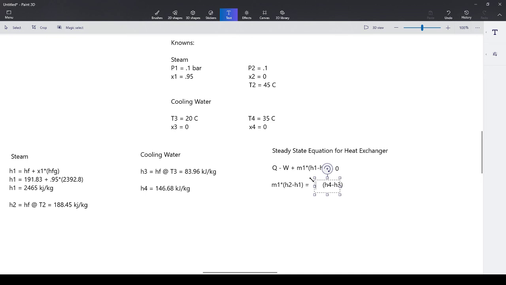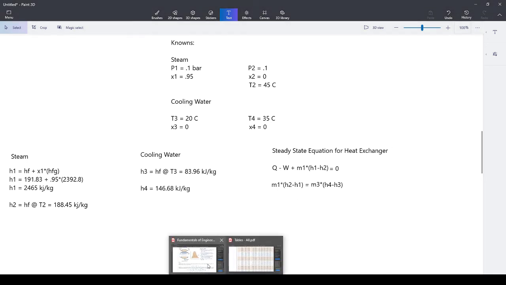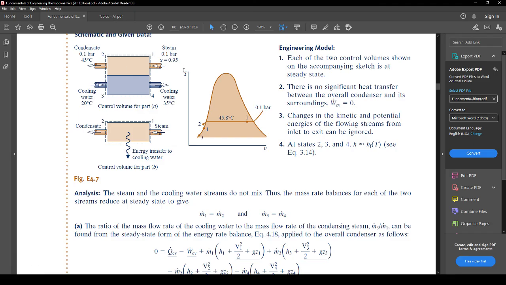Essentially what I did was write the mass flow rate for one stream, but it's not actually the same for the other one. So M1 and M3 are different, but M4 and M3 are the same. So the mass flow rate of this stream is the same throughout, and the mass flow rate of the other stream is the same throughout, but these two are not equal to each other.